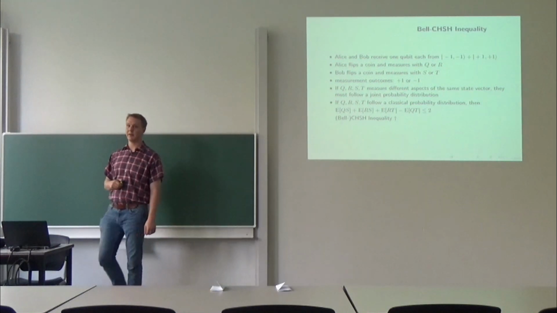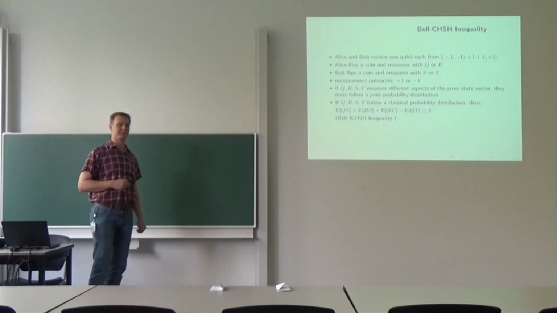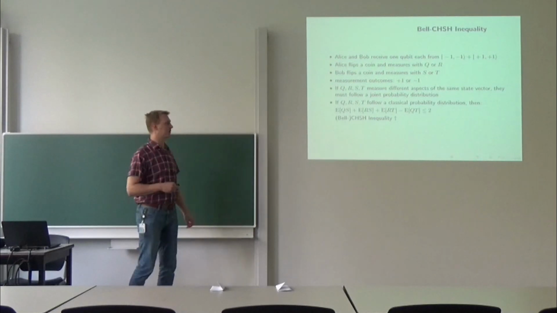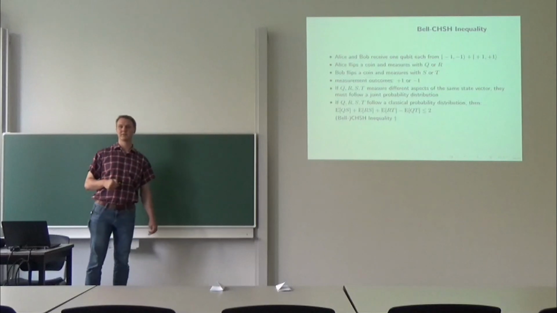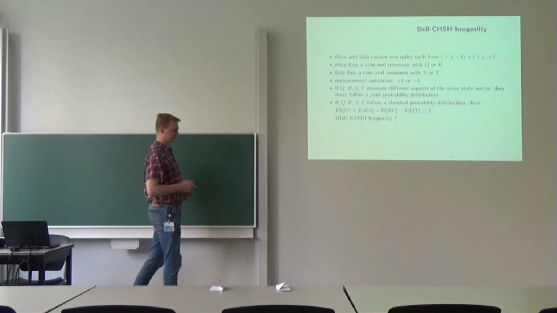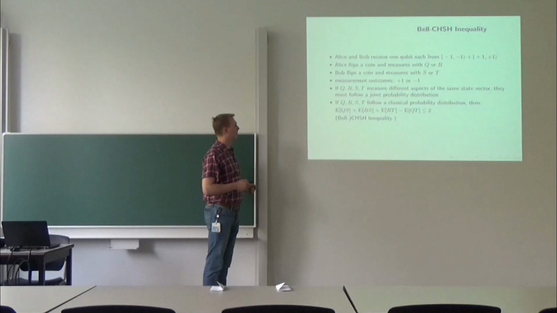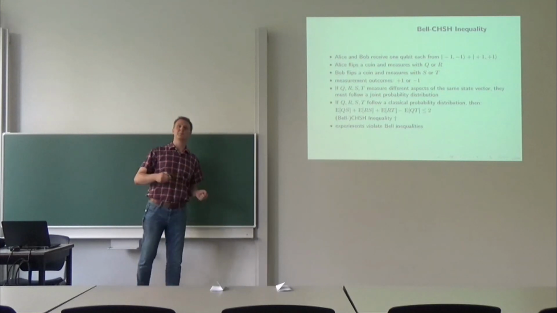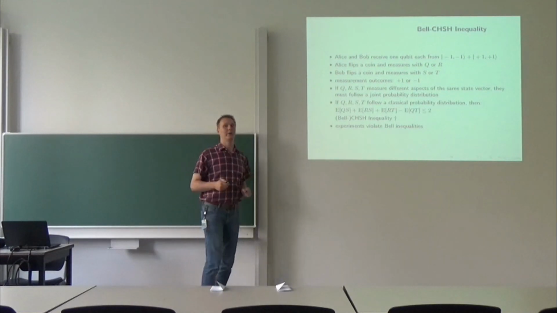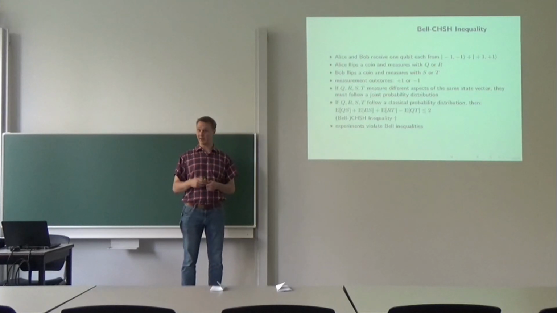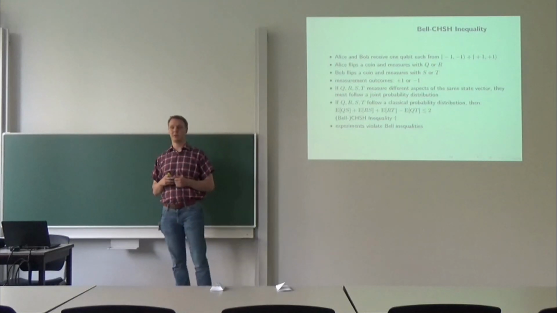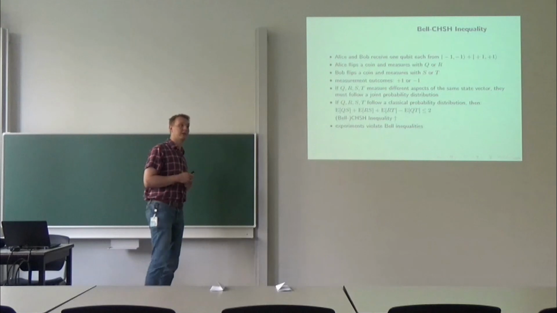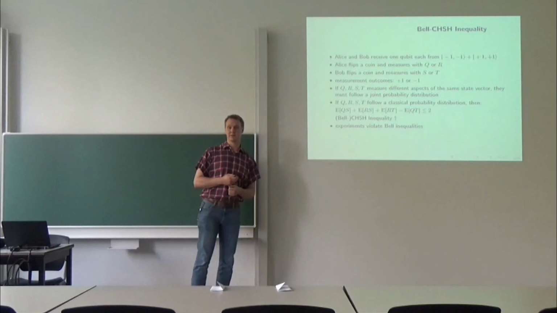Bell discovered it, and then the authors Clauser, Horne, Shimony and Holt discovered it, and now people call it the CHSH inequality, but I don't think that does nearly as much credit to Bell as it should. This experiment has been performed many times over, and experimentally the Bell inequality is violated, which indicates at the very least that local realism is false, and it might also indicate that quantum mechanics is true.